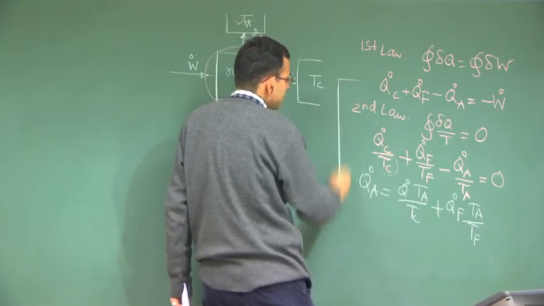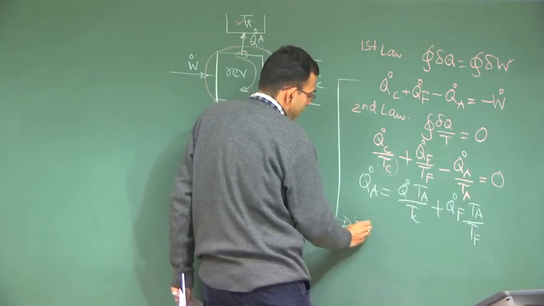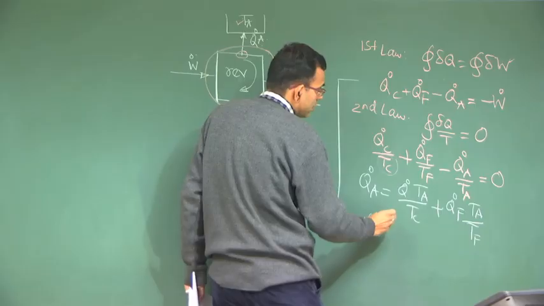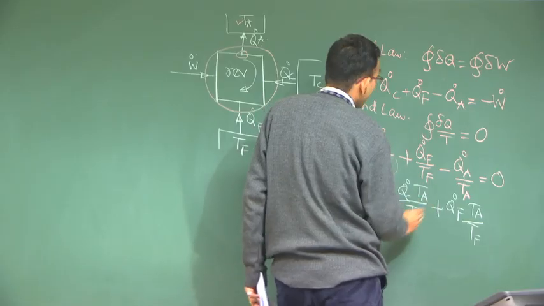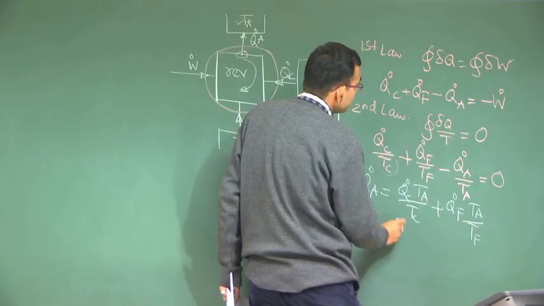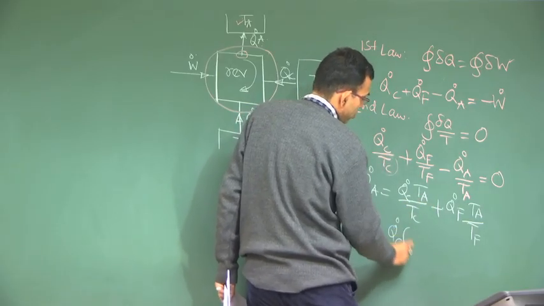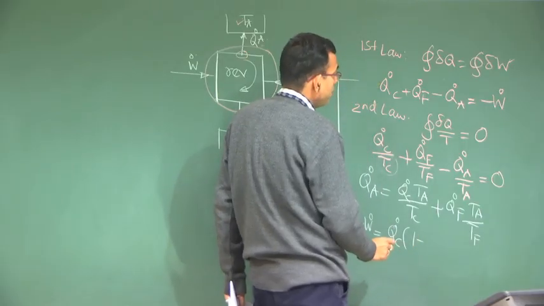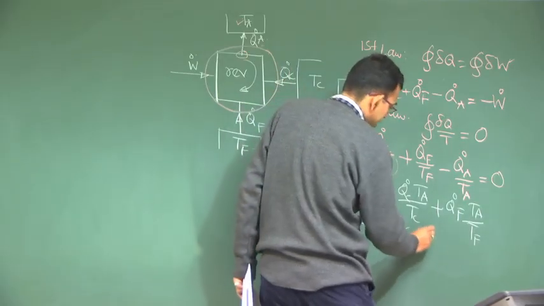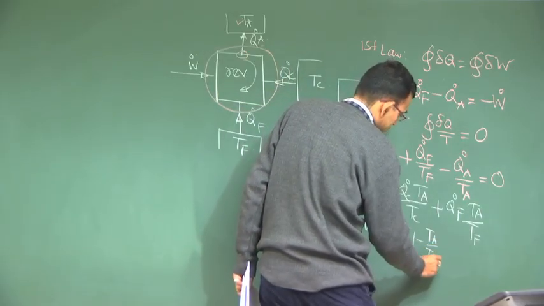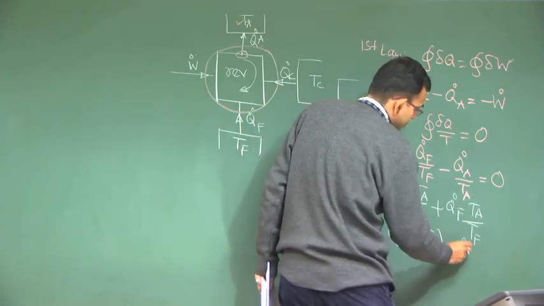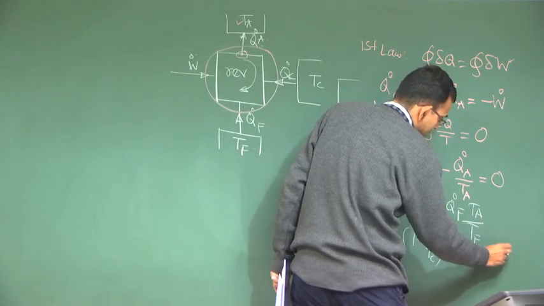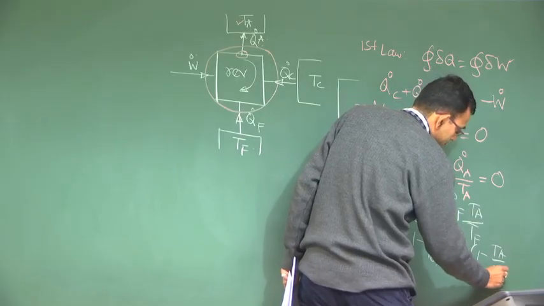Then from this equation, minus W dot is equal to Q dot C into 1 minus Ta by Tc plus Q dot F into 1 minus Ta by Tf.